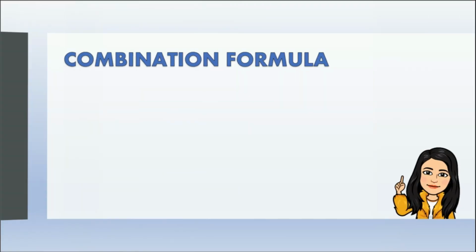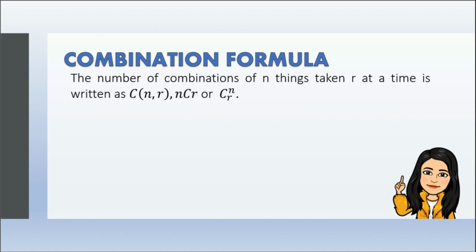Now that we have learned the difference of the two, let us focus on how we calculate the number of combinations. Just like a permutation, we also have a combination formula. This is for the number of combinations of n things taken r at a time.